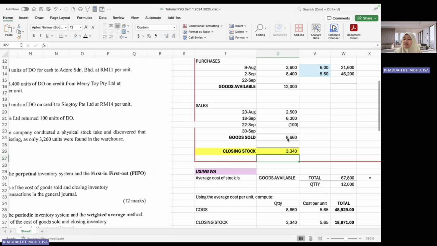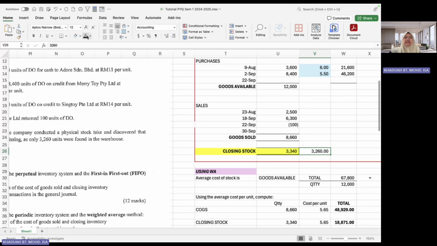However, it was informed that my closing stock, instead of 3,340, is only 3,260.